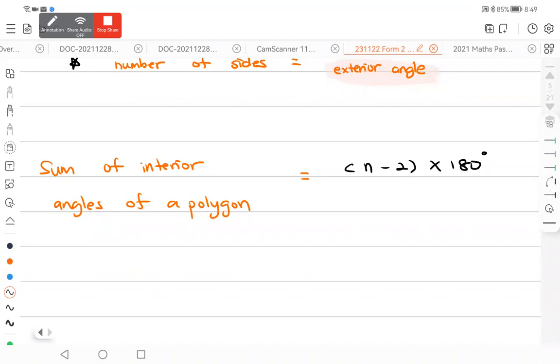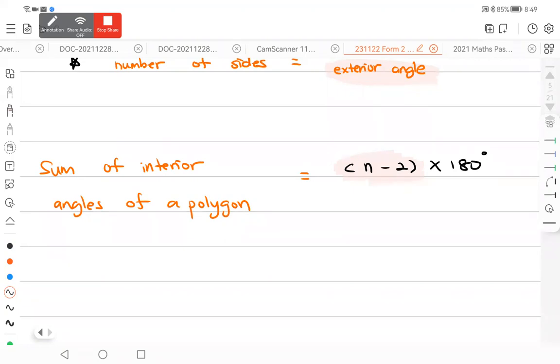And sometimes they will ask, N minus 2 refers to what? N minus 2 is to find what? The number of triangles that can be found in the polygon. That's right. N minus 2 times 180 degrees.